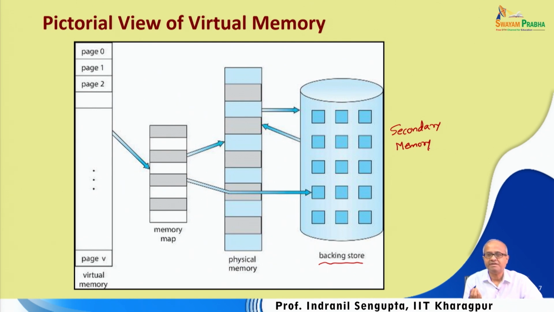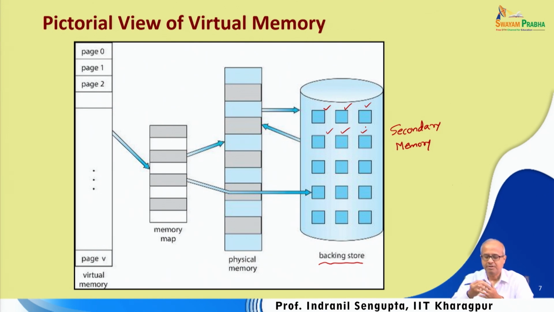I said that there are two ways we can store it: either you can store it in a separate part in the secondary memory called swap area, or you can store it as part of the same file system where the executables are stored. From the executable itself, the pages are extracted. Whatever it is, conceptually I am showing it like this. These are the different pages of a process. So, all the pages of the process are initially present in the secondary memory.